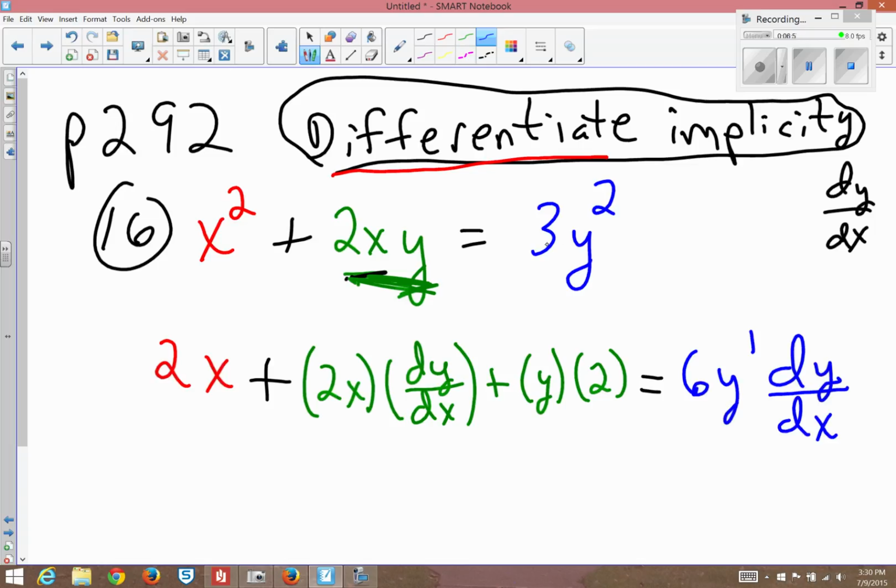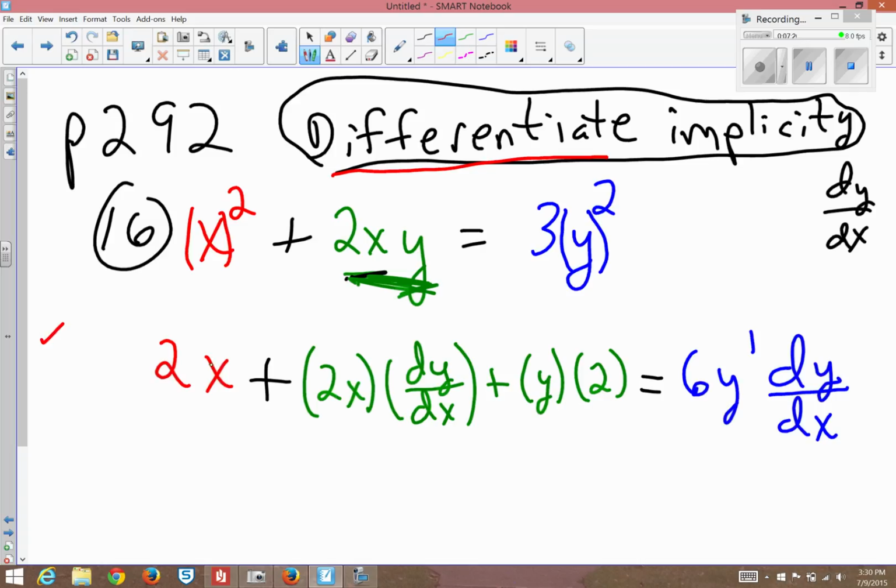And you will say there are no parentheses here, but you need to think of it as if there were. The derivative of 3y squared is 6y to the first power times the derivative of what's in the parentheses. And those 4 things were actually done over here in the red. I just want you to see that 2 times 1 is 2.